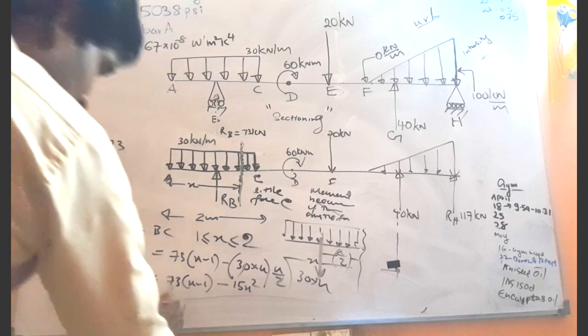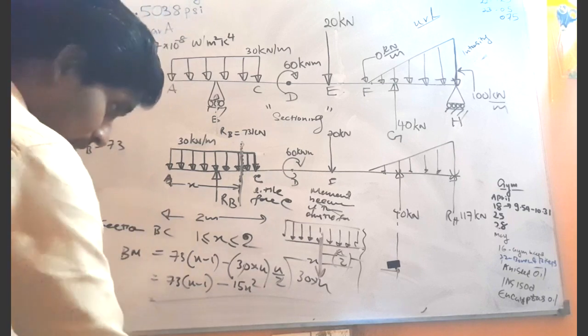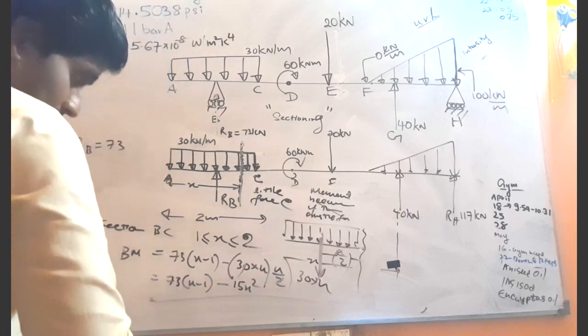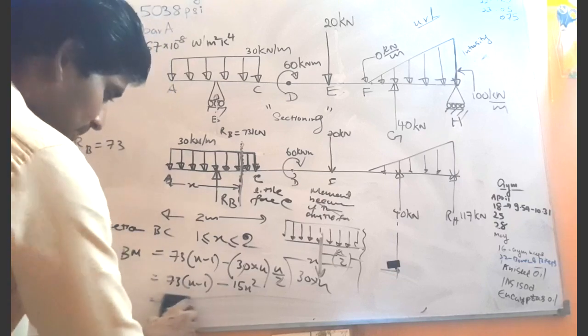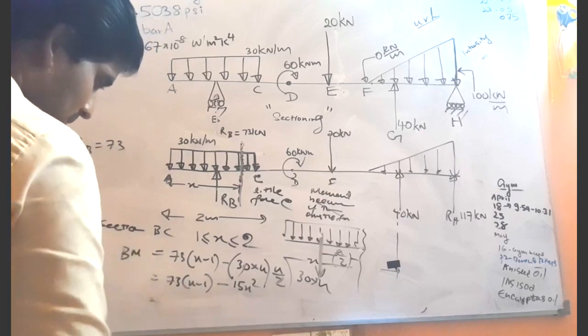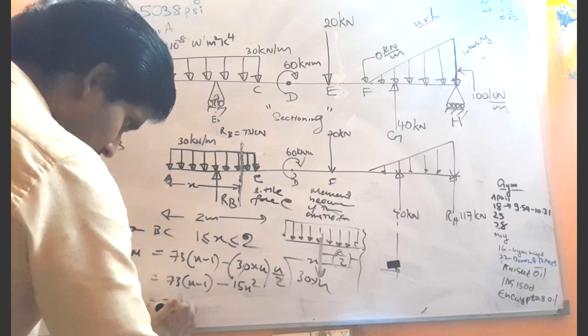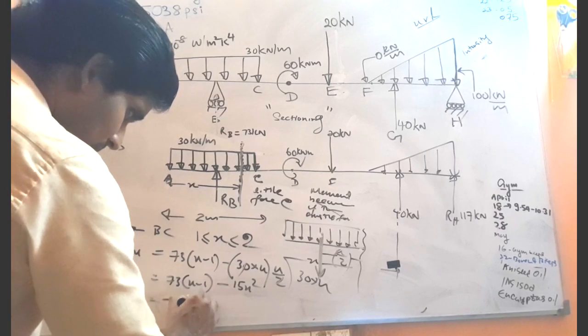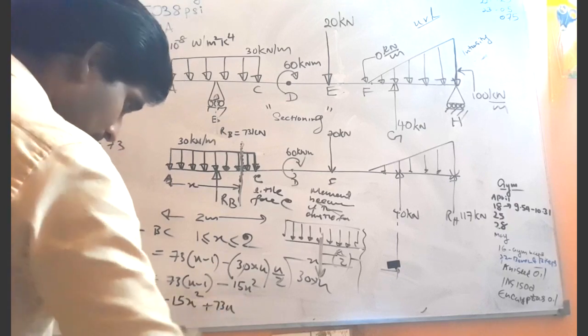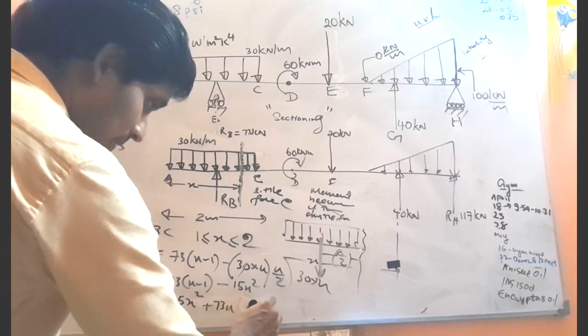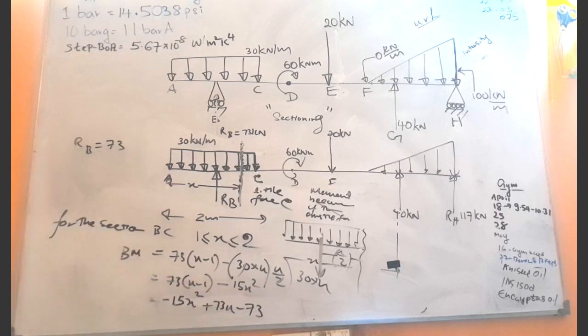So now let's simplify that. The final equation will be, carefully take it up, minus 15x squared plus 73x minus 73. Don't make any errors, right?